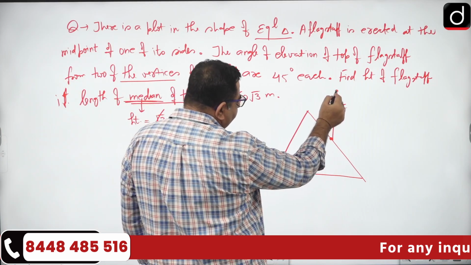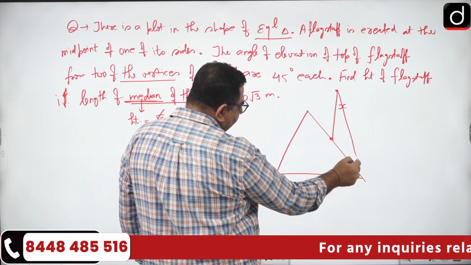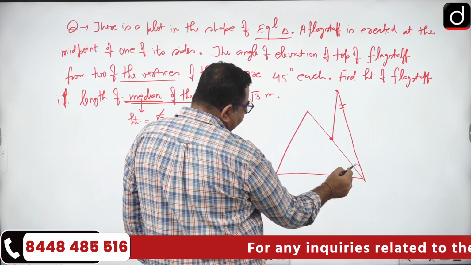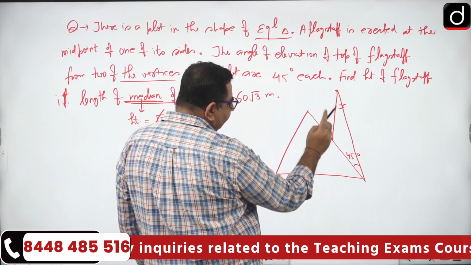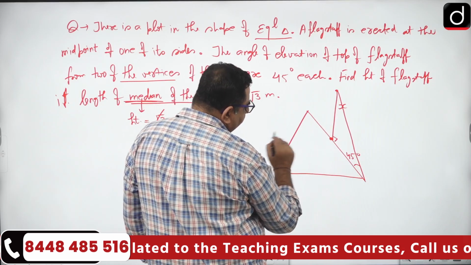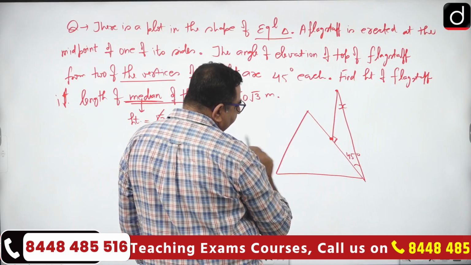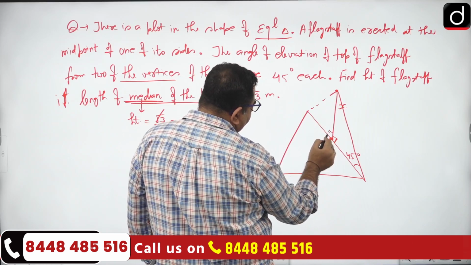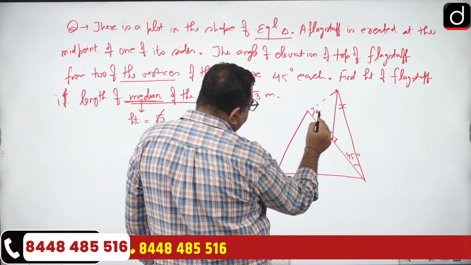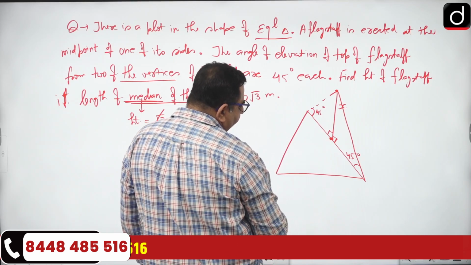So if we look at the angle from this vertex, that angle is 45 degree. And one more thing, since this is erected, this angle is 90 degree, right? So that is 45, that is 90, that is also 45 degree, right?